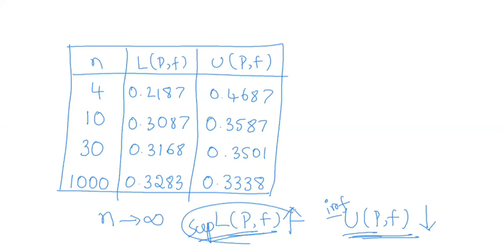That is, we take the maximum value of these lower Riemann sums and the minimum value of these upper Riemann sums. That will give you the Riemann integral. But now basically we know that what we are calculating here is the integral of f of x over the closed interval 0, 1, right?